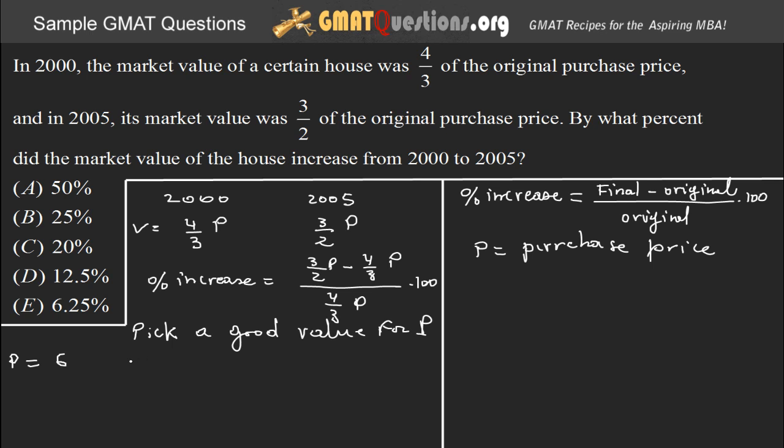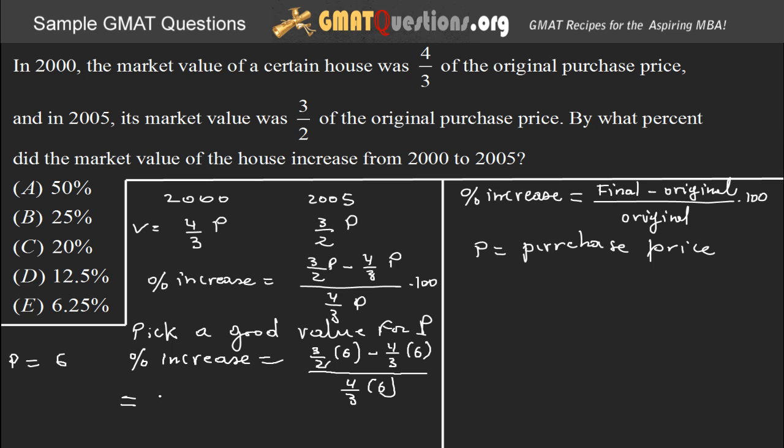And then this gives us that the percentage increase is going to be equal to 3/2 of 6 minus 4/3 of 6, divided by 4/3 of 6, times 100. For now, I'm going to leave the 100. At the end, I'll just put the 100. Great. As you can see, 6 divided by 2 is 3.